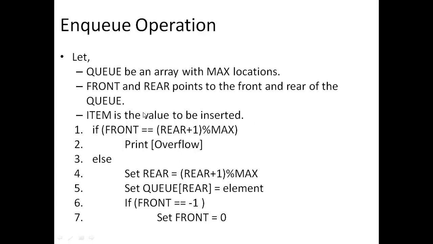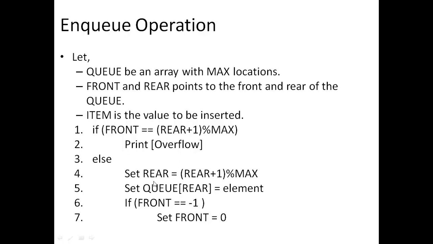Here is the algorithm for the Enqueue operation in circular queues. First, we have to check for the overflow condition at line number 1. If the queue is not full, then we have to simply update the rear pointer to (rear plus 1) modulus maximum capacity of the queue, and the same has been done at line number 4.